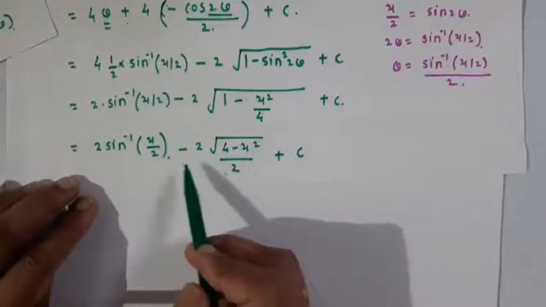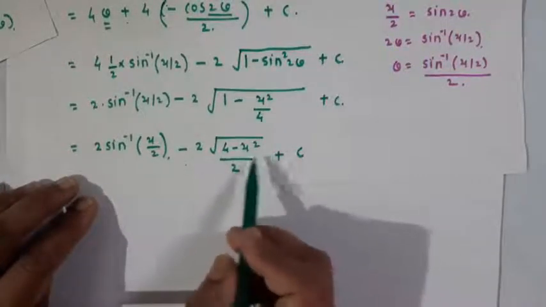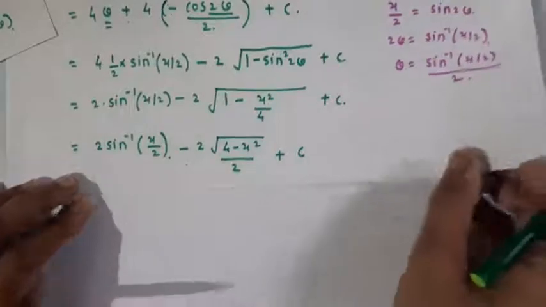Okay students, in this way we have to solve the problem. The next problem is that, so I have given you the important substitutions, the substitution by cos of 2 theta, substitution by sine of 2 theta. You can substitute as you like.